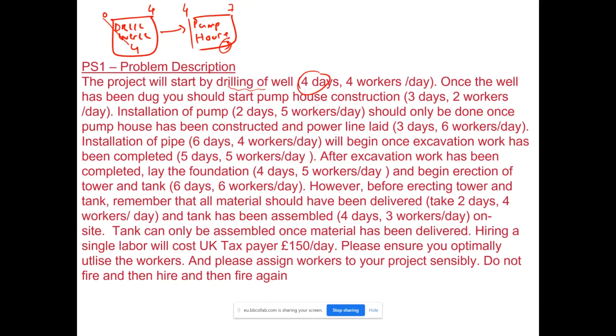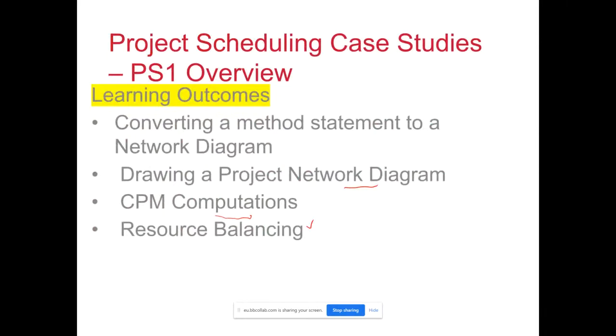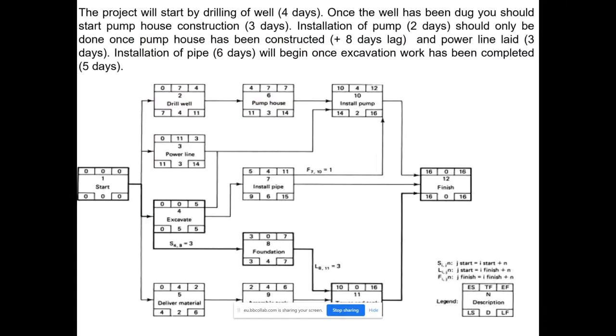So just by simply reading the method statement, the idea was that students will convert it into a network diagram. So we will look at one of the sample solutions to this problem, just to get you started thinking. So here we see in the description, the project will start by drilling of well. So here we have included a milestone activity at the beginning.